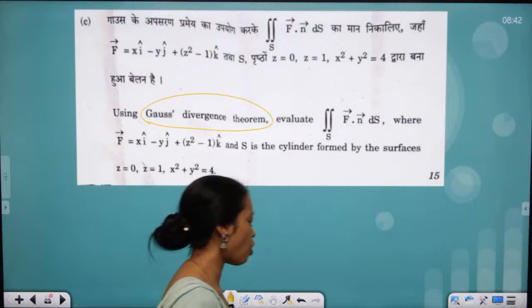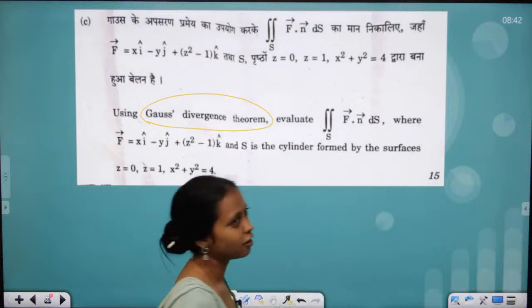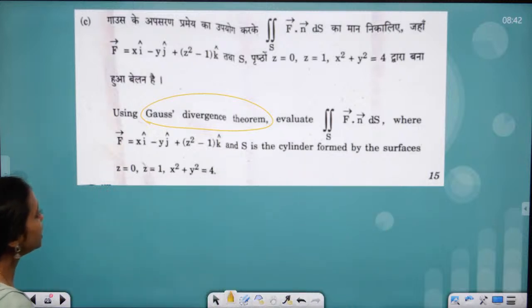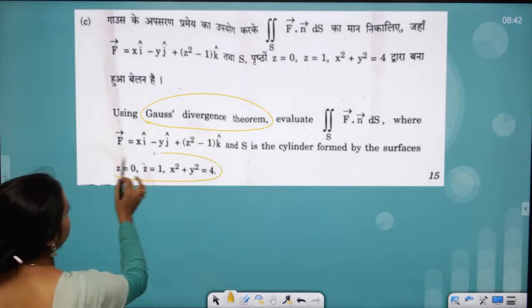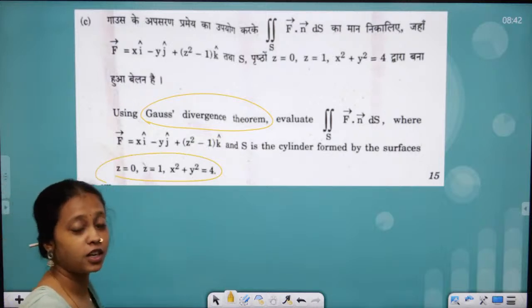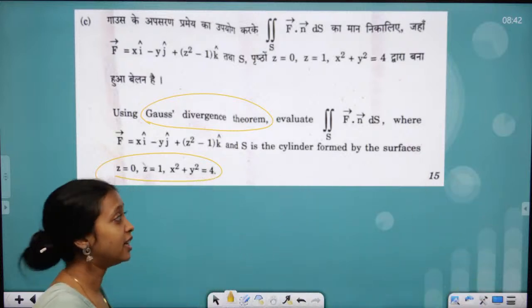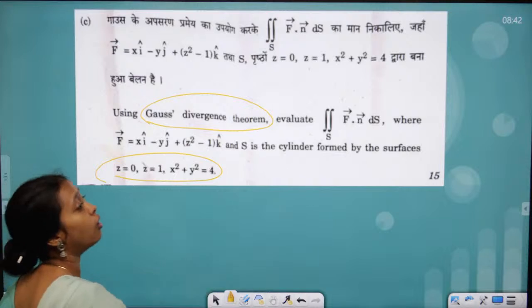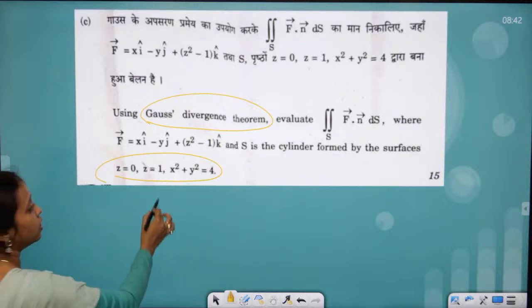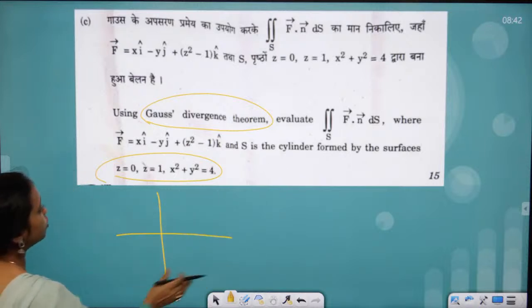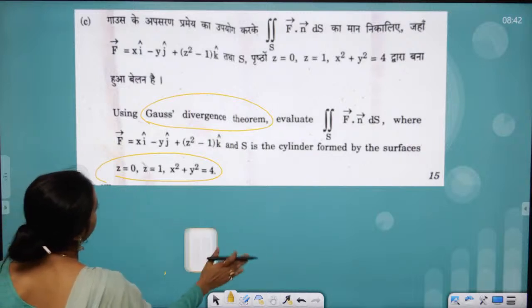3 theorems always: Green, Stokes, Gauss divergence. Now, we have done the Gauss divergence theorem on the ellipsoid, which is not even possible to draw over here. Z is equal to 0, Z is equal to 1, x square plus y square is equal to 4.